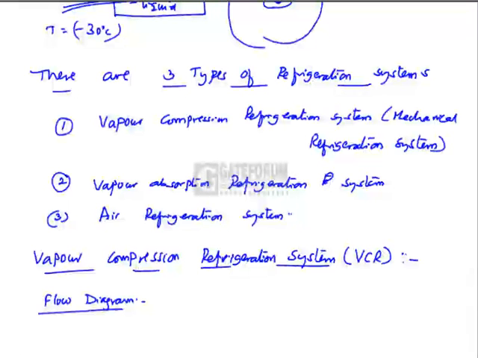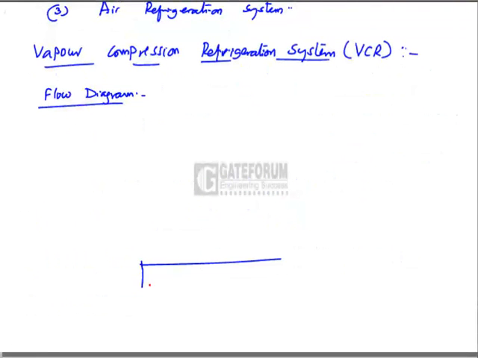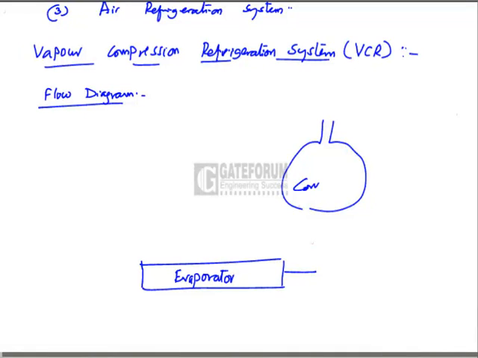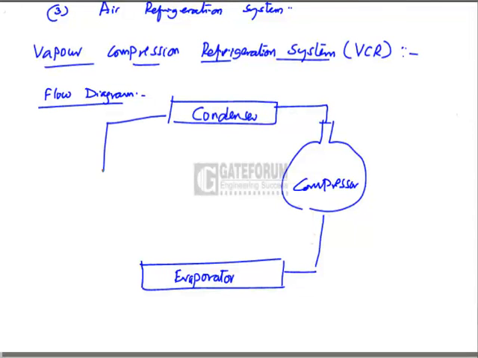The system basically has four components, namely evaporator, compressor, condenser, and then expansion valve.